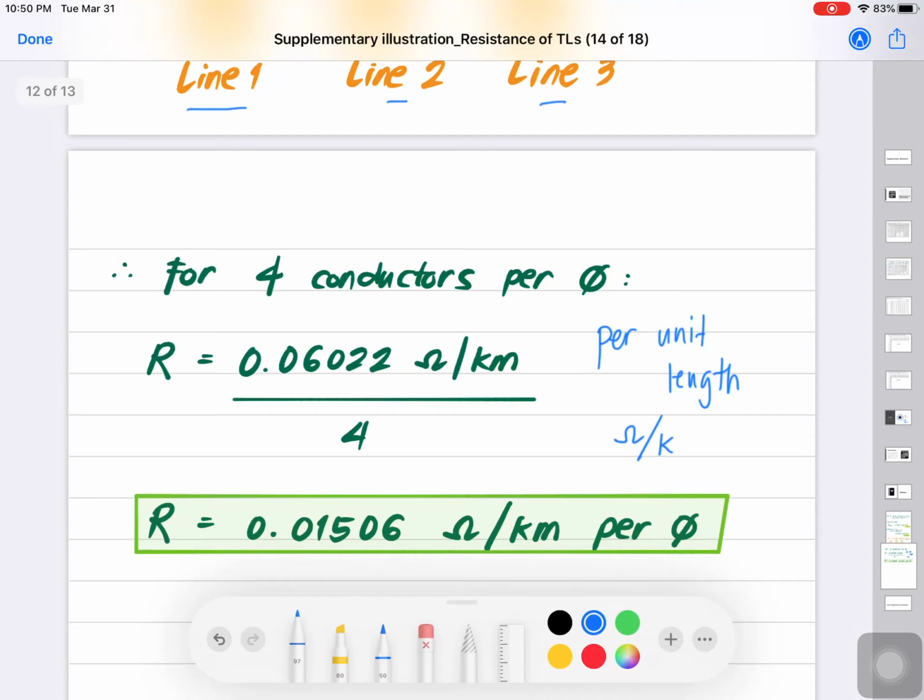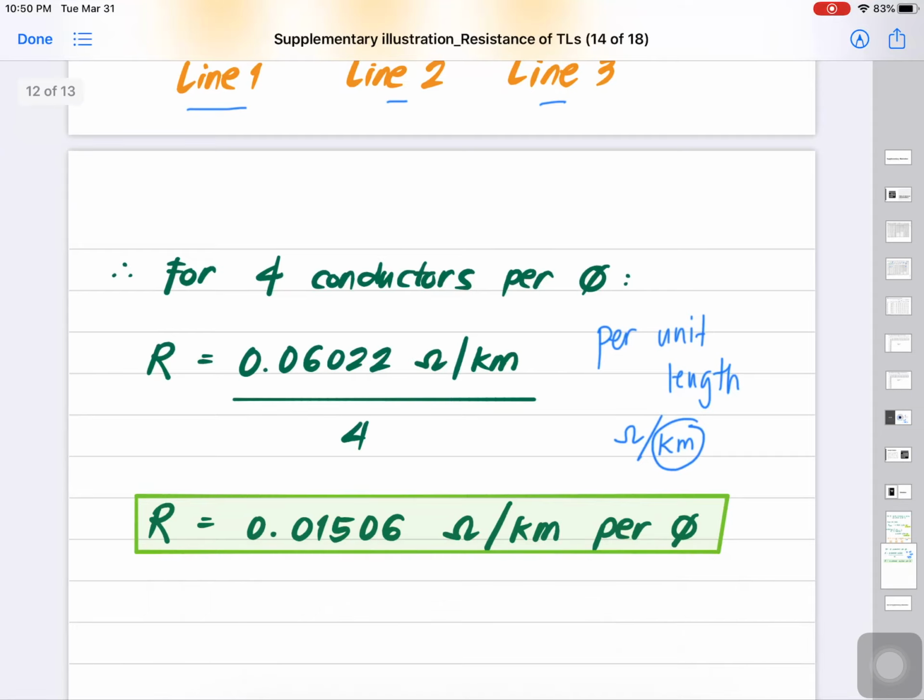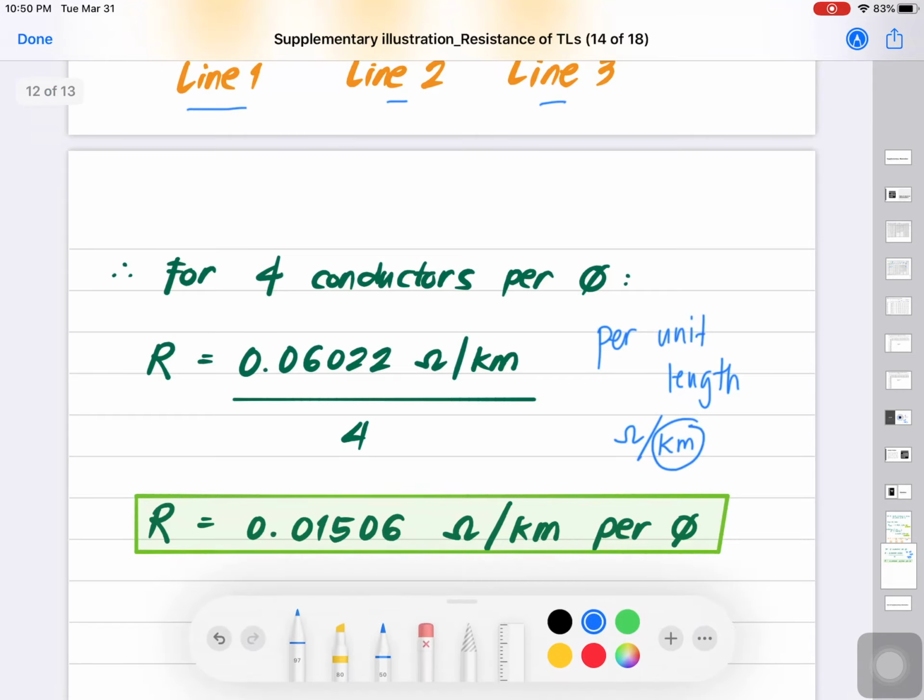Ohm per kilometer per unit length. Ito yun. Per kilometer. Okay? So, meaning, we have to divide that resistance that we got from the table by 4. Kasi, we're looking for the per unit length. Okay?